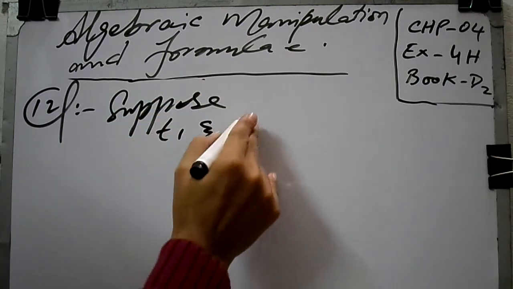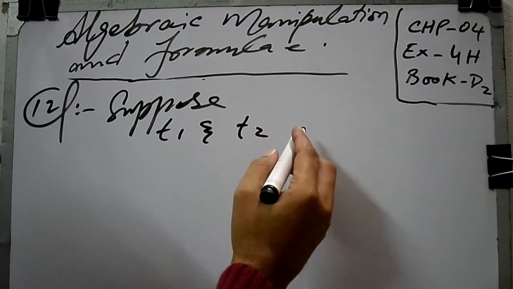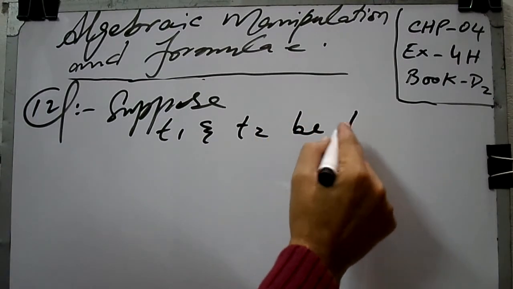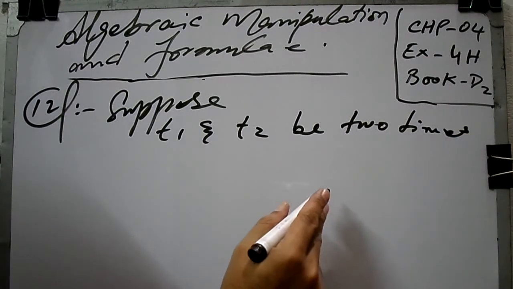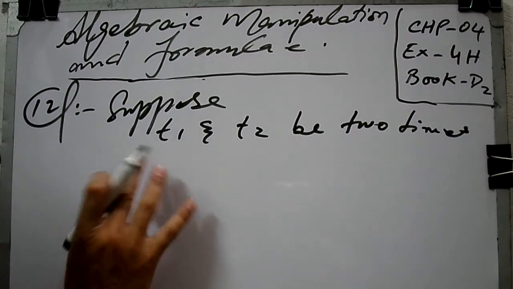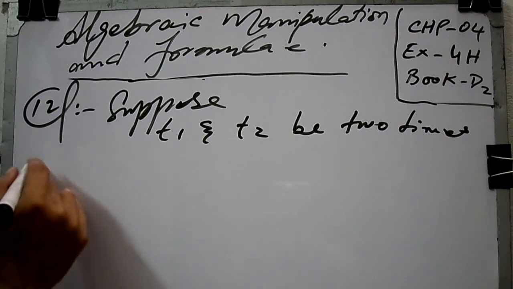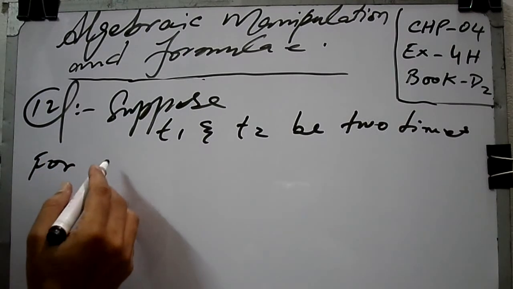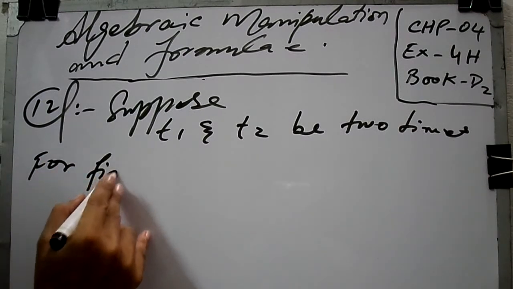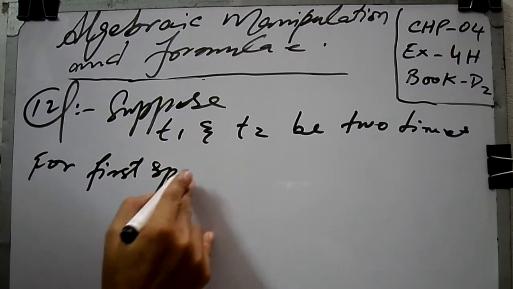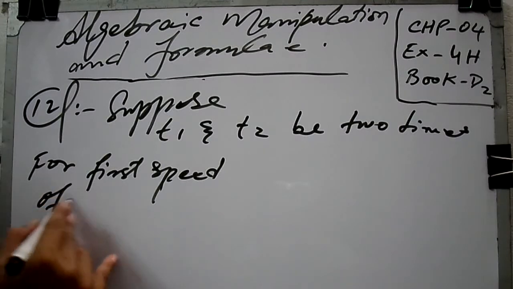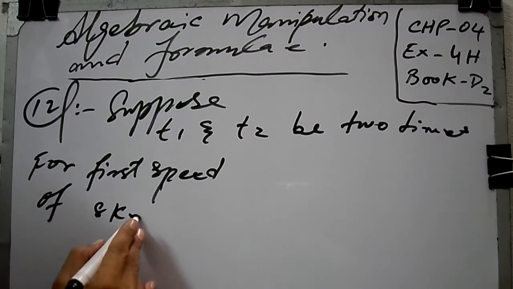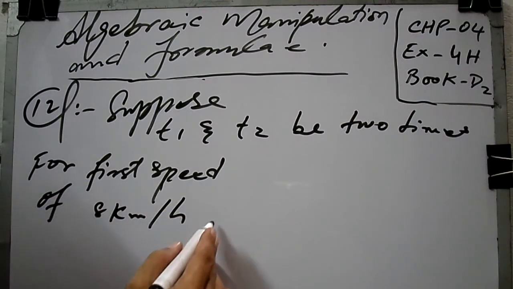Let T1 and T2 be the 2 times taken by the man. For the first speed, our velocity is 8 km per hour.